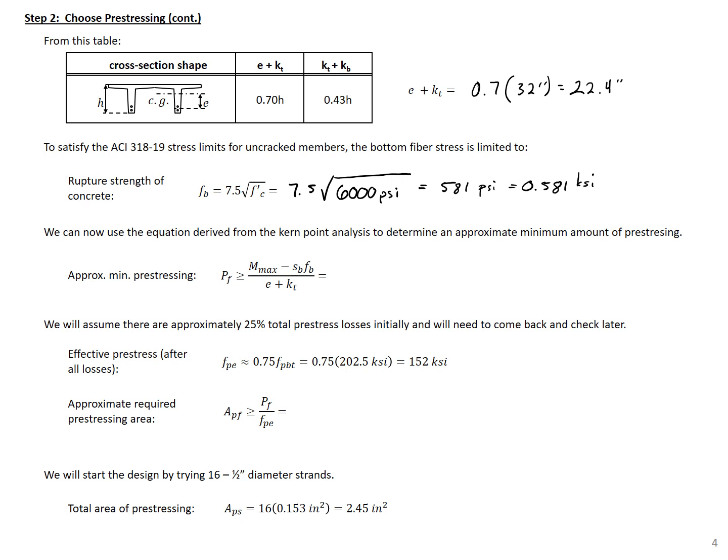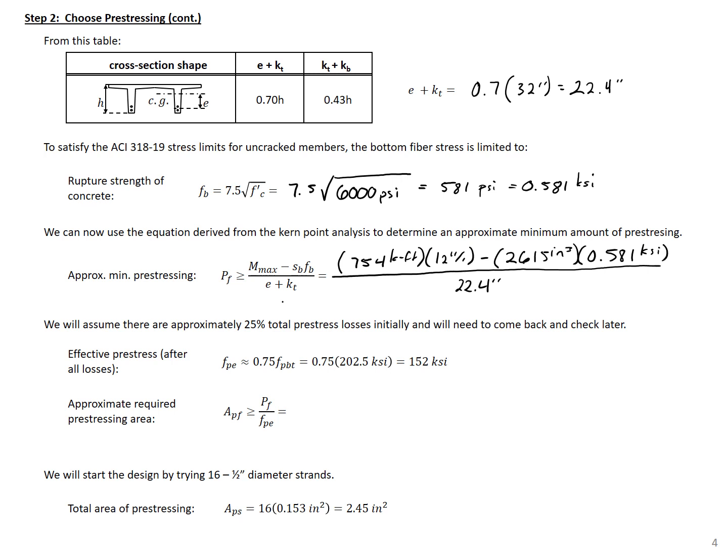So for us, we have our maximum moment of 754 kip feet times 12 inches per foot, minus our section modulus, 2,615 inches to the third, and our tensile strength of our concrete, our rupture strength 0.581, and then divide this by our 22.4 inches.